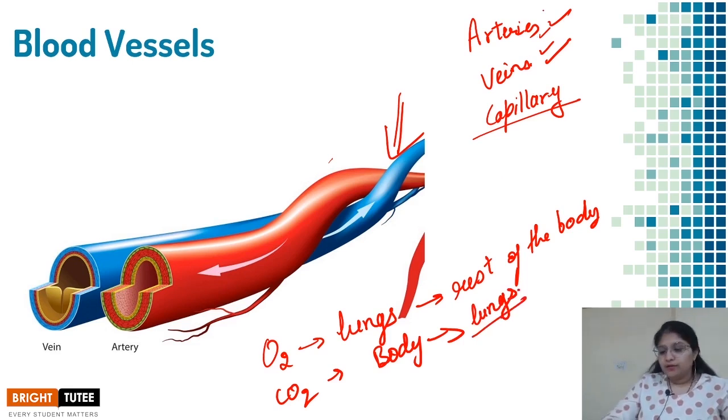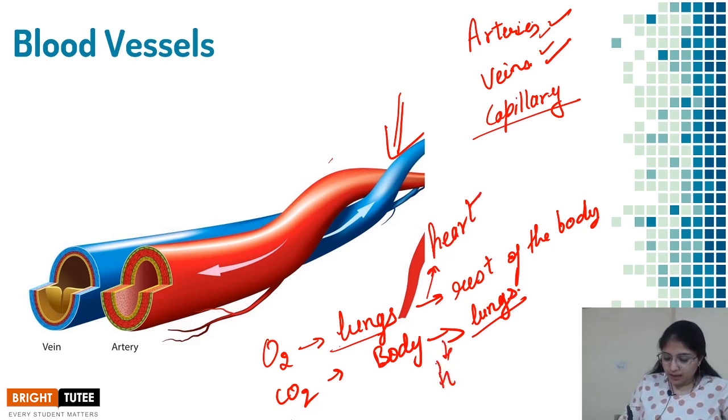And this happens within these arteries and veins, right? So oxygen is taken from the lungs and goes to the rest of the body through the heart, obviously, right? Then CO2 is collected from the body, and again through the heart it goes to the lungs for disposal. Apart from that, waste material is also collected and transported through these veins and arteries, right?